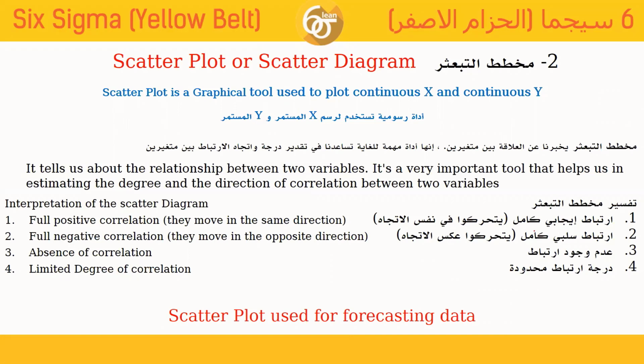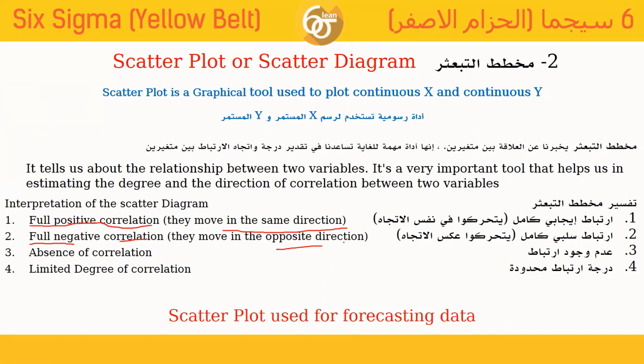If these two variables are moving in the same direction, we call it a full positive correlation. There is a full negative correlation, where they are moving in opposite directions.